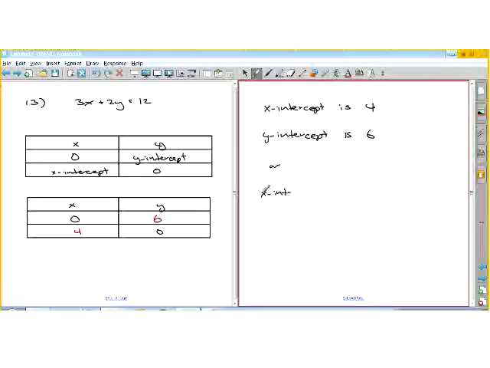Or you can say the x-intercept is the point 4, 0, and the y-intercept is the point 0, 6. Either one's acceptable.